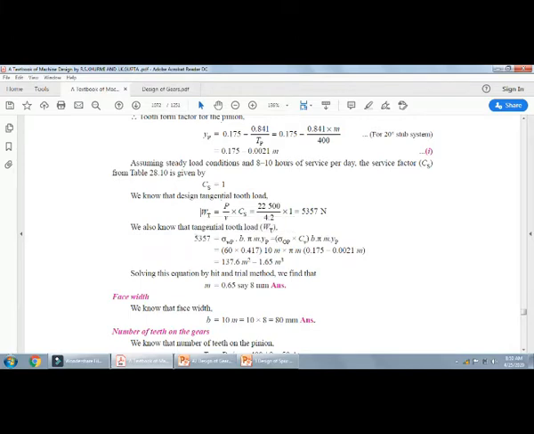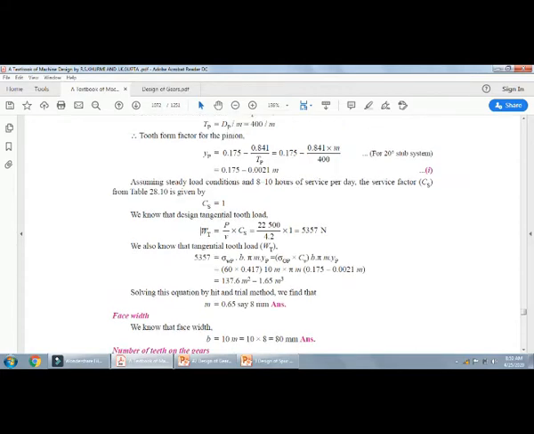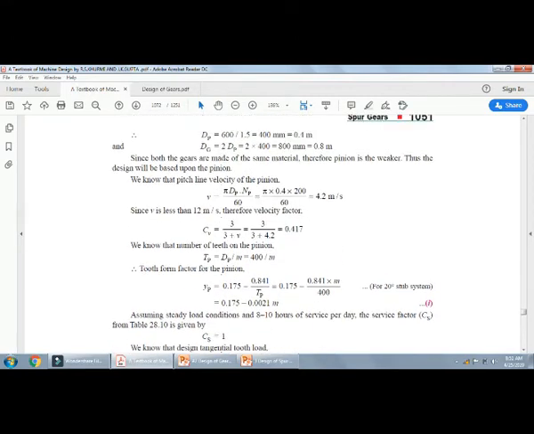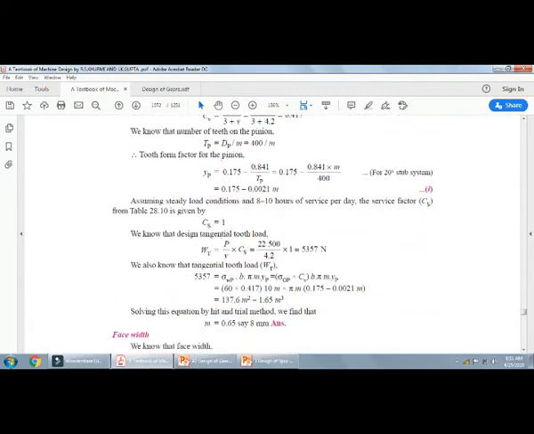Wt is equal to P by V into Cs. P is the given power to be transmitted, and V is the pitch line velocity, not velocity ratio. Pitch line velocity, this relation is for the pinion, and we have calculated it as 4.2 meter per second by this equation. Then we will put the value of V.